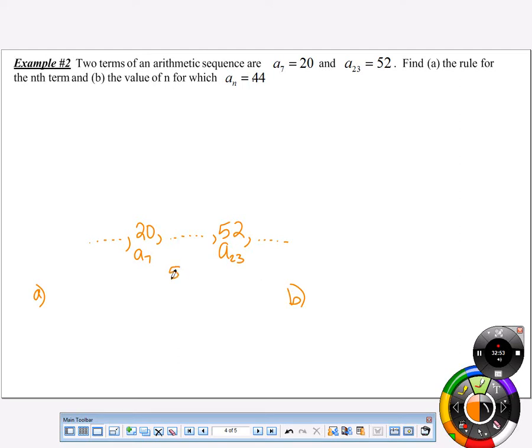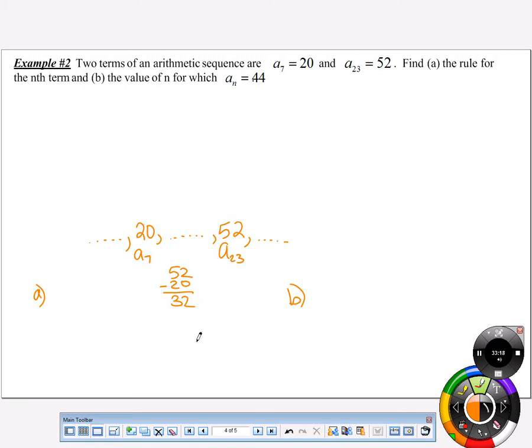So think about what happens there. 52 minus 20 is a difference of 32. So the terms in our sequence have increased by 32 units, going from the 7th term to the 23rd term. Does that mean that the common difference is 32? No. Okay. Then I need to figure out what am I changing each time if it's changing for a total of 32. So what do I need to do to figure that out?